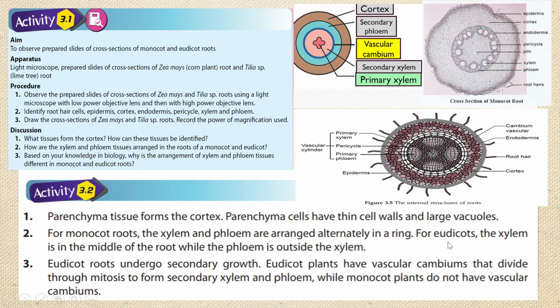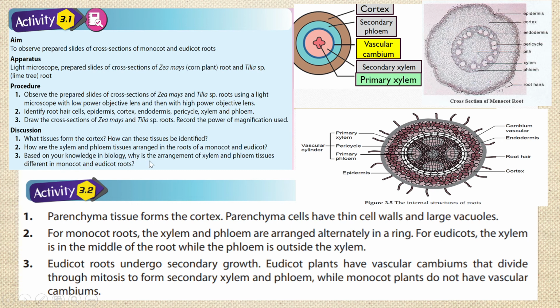So for eudicots, the xylem is in the middle of the root and the phloem is outside the xylem. Okay, for monocots, there's another picture over here. You can see that for monocots, the xylem and phloem are arranged in an alternate ring manner. You get to see the xylem and then the phloem in alternate ring.